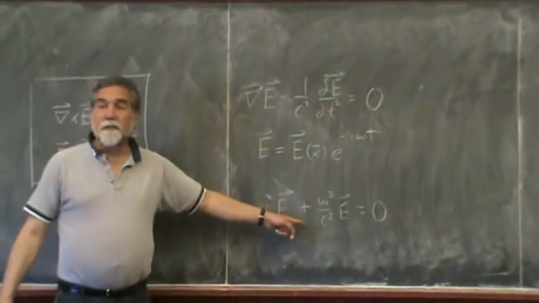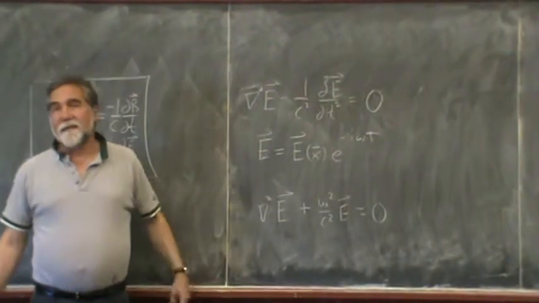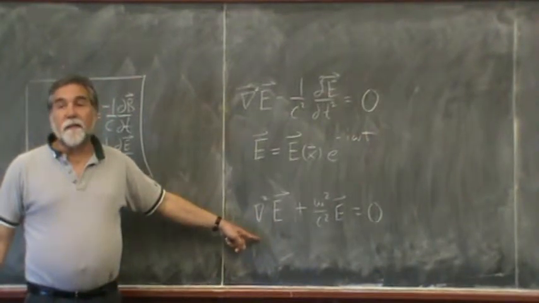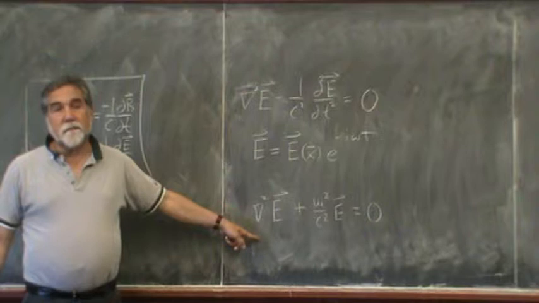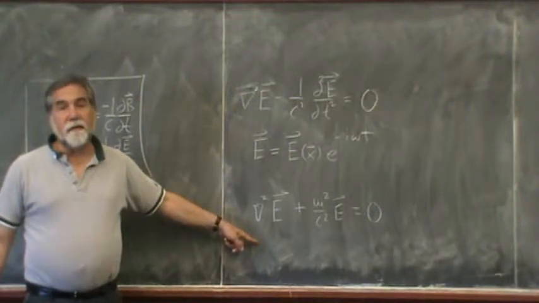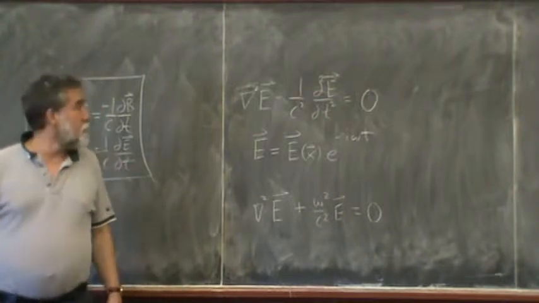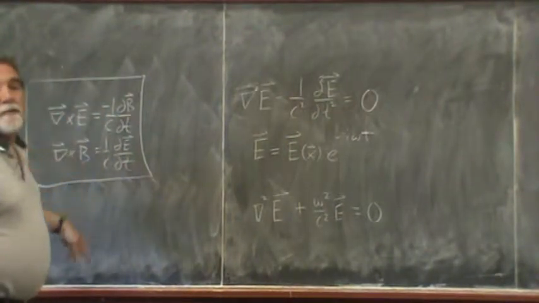I said minus, but I switched it to a plus because when you take the derivative twice, the i gives a minus sign. So this is really 3 equations, one for each component of E, and 3 more for each component of B. These are multiple equations as well.